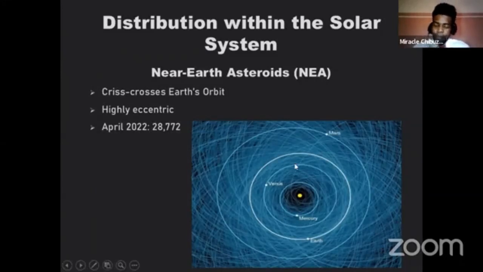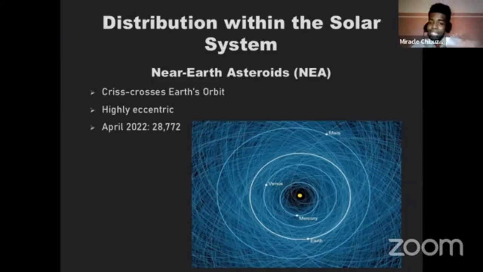Now, remember what I explained from the main belt asteroid. I told you that they are quite stable, but sometimes 2 asteroids can collide. When 2 asteroids collide, or maybe an asteroid and a comet collide, or maybe some gravitational attraction between Jupiter and the asteroid belt, or maybe Mars, that could be some gravitational interaction.